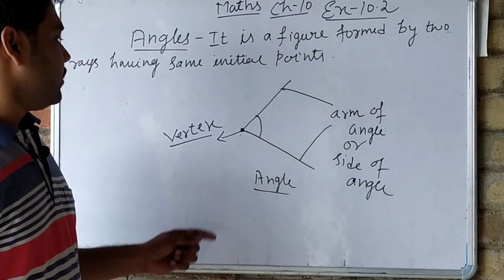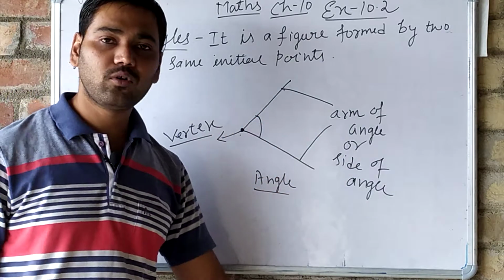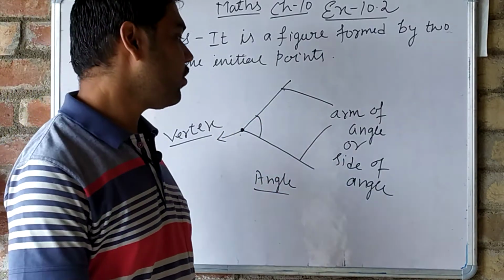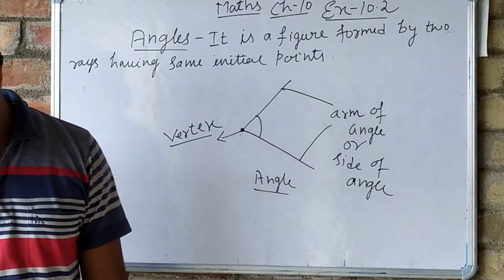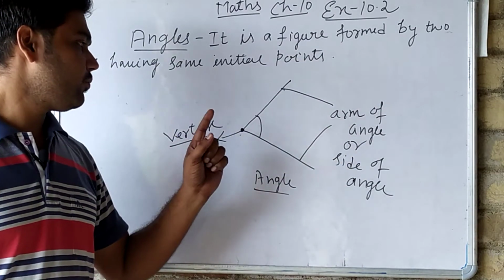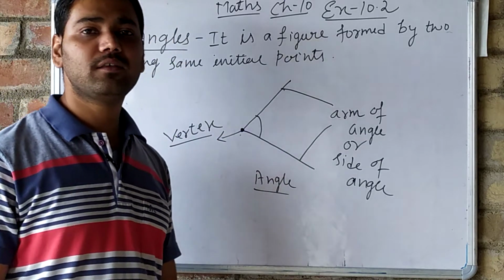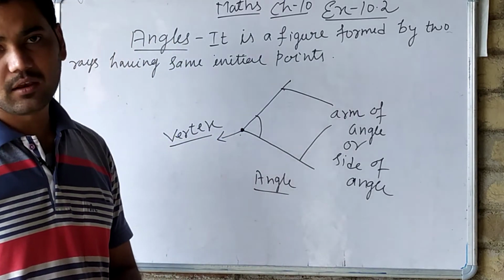So this point is the vertex, and these two rays are the arms or sides of the angle. Having the same initial point, these two rays form a figure known as an angle.